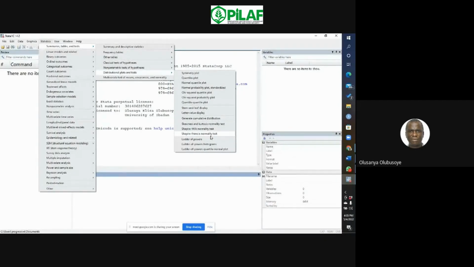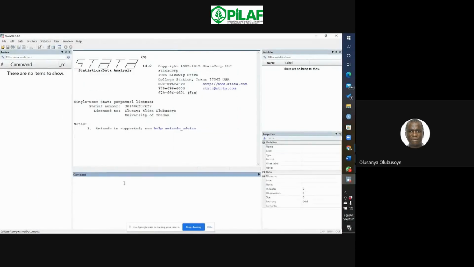You can't rest entirely on what you observed visually. The test is very specific, so you tend to rely more on the test than the visual. Even if you still do the visual, it's advisable that you support it with the statistical test.